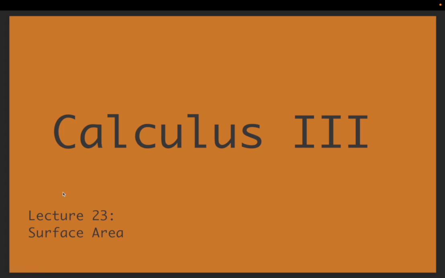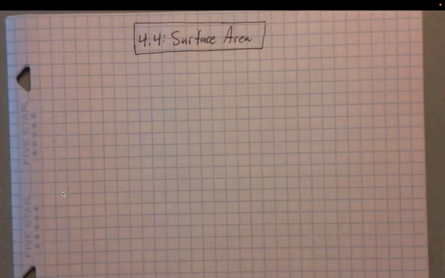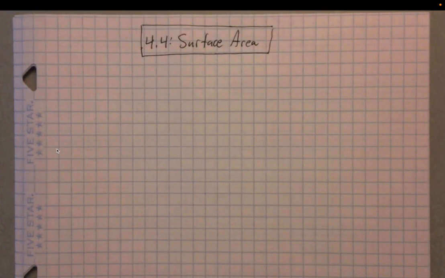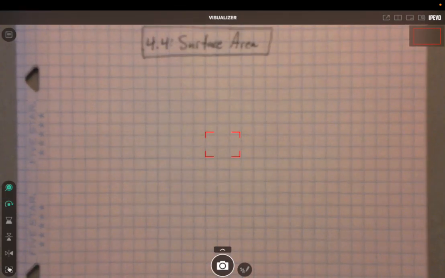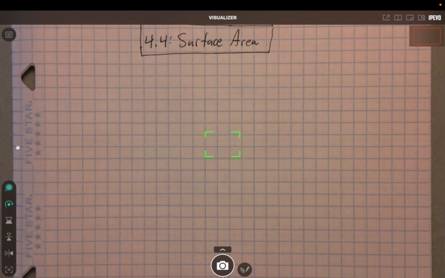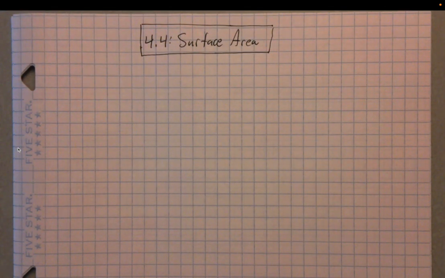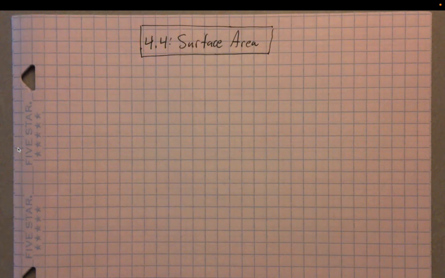So let's go ahead and jump into it, and we'll call this section 4.4 surface area. We're just going to work as per usual. We're going to work up the construction of these things and try to get some insight into how integration allows us to solve this particular problem.